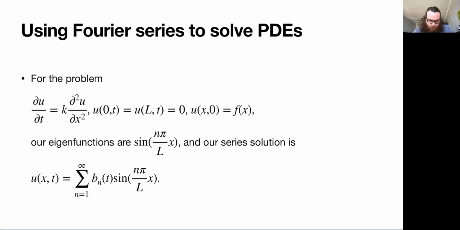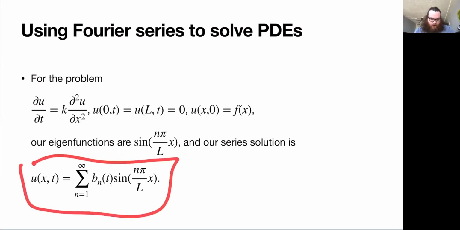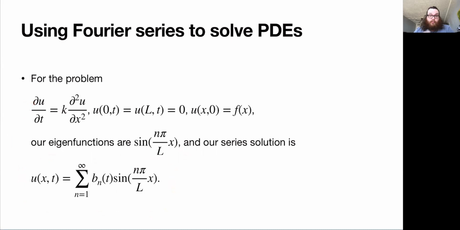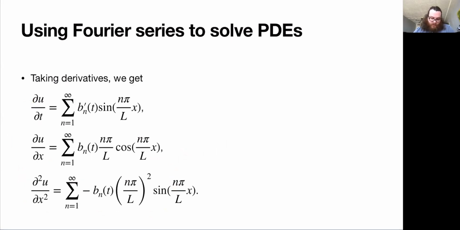Well, if we want to plug this series representation into the PDE, we need to start taking derivatives. And so we take a time derivative, assuming that we can distribute that time derivative across everything, which we'll justify in a second.